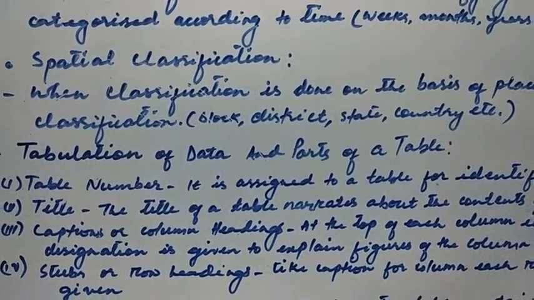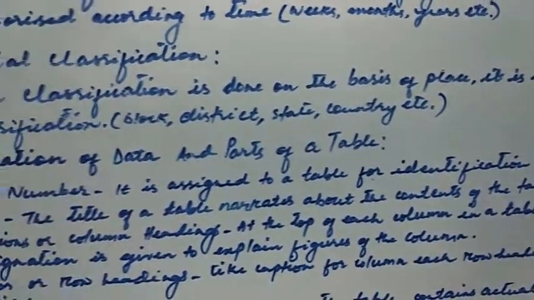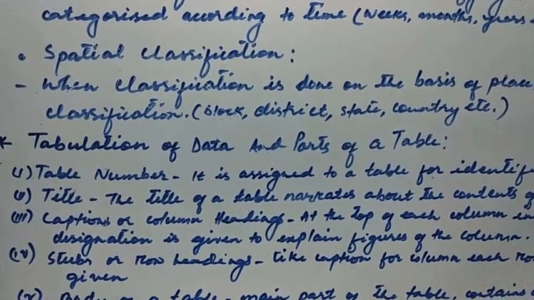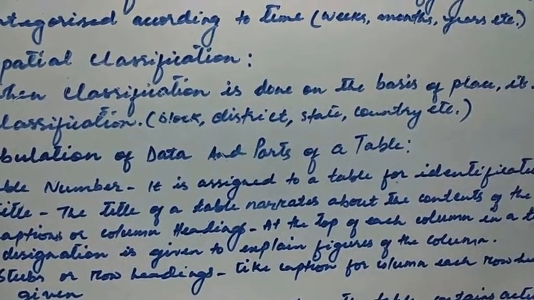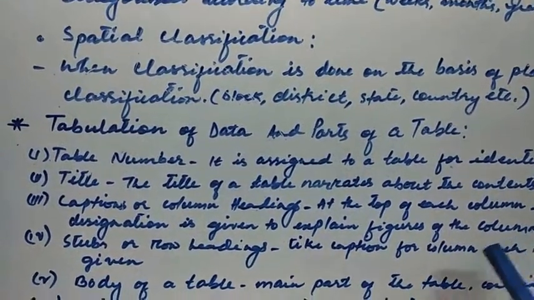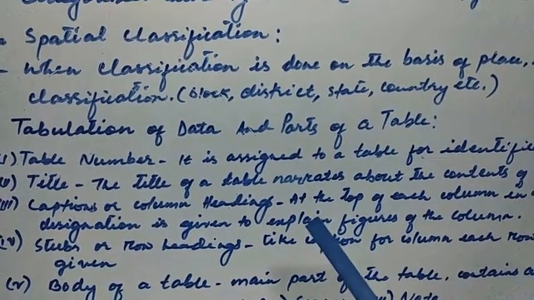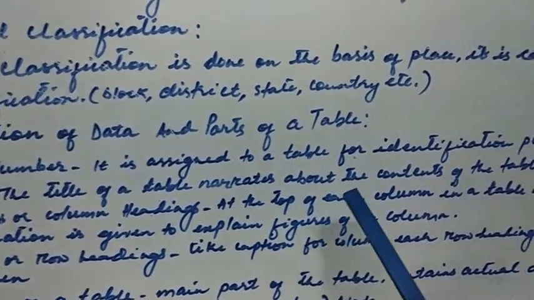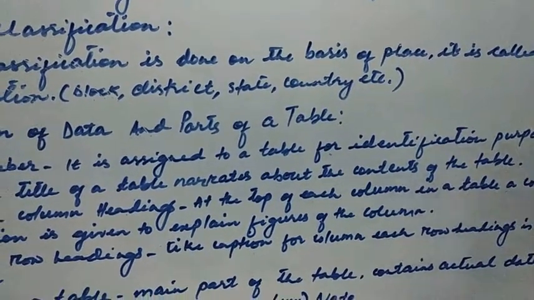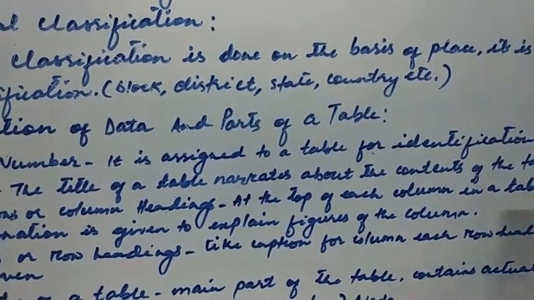So title. The title of a table narrates the contents of the table, what is given in the table. The next is captions or column headings. At the top of each column in a table there are titles given. So a designation is given to explain the figures of the column.